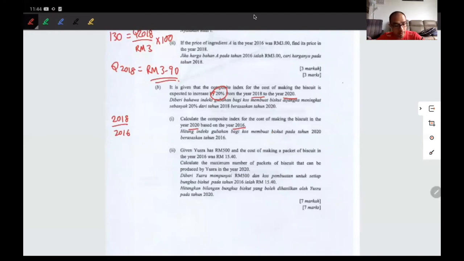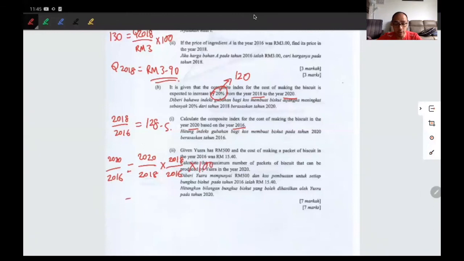Okay, so the composite index 128.5. Now, from 2018 to 2020, they increased by 120. Sorry, increased by 20%, so this is 120. So if I want 2020 over 2016, okay, I will have to use the chain rule. 2020 over 2018 times 2018 over 2016 times 100.